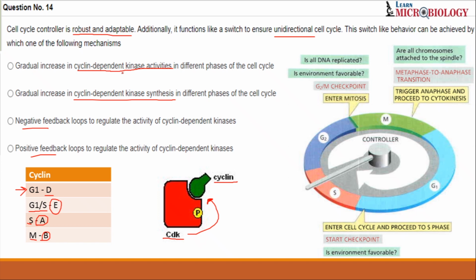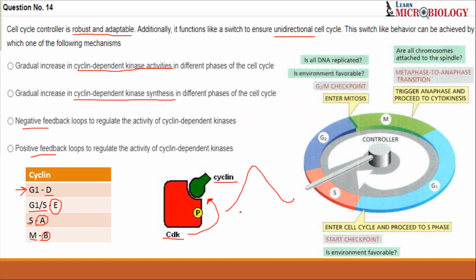What is the difference? In option A, they are saying there is an increase in cyclin-dependent kinase activity, while in option B, they are saying there is an increase in cyclin-dependent kinase synthesis. As we know, cyclin and CDK activities are low before the start of the particular cycle, and they go on increasing, and at the end of the particular cell cycle it decreases.